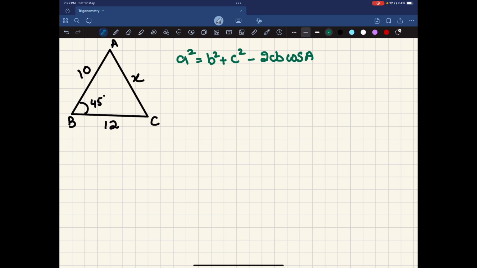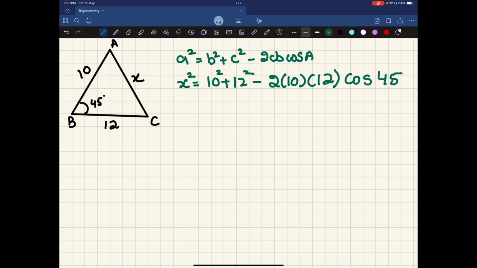In this case, it is x square is equal to b square plus c square, the neighboring sides, basically 10 square plus 12 square minus 2 into cb, which is 10 into 12 into cos of a, which is 45.